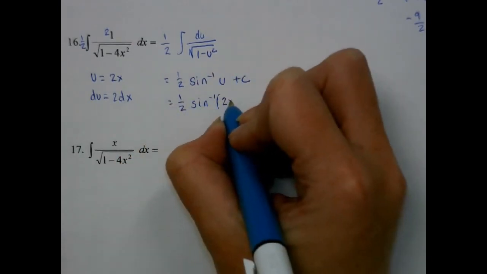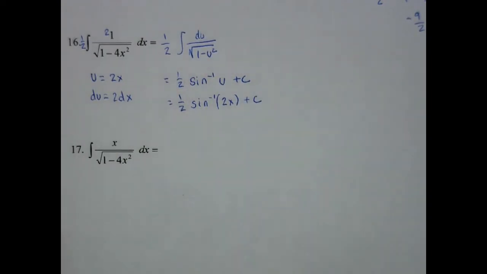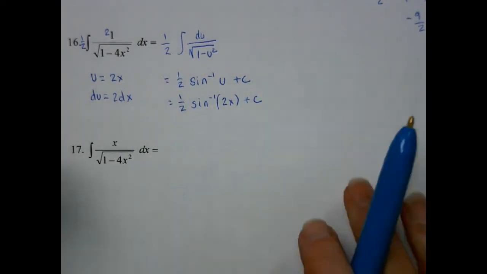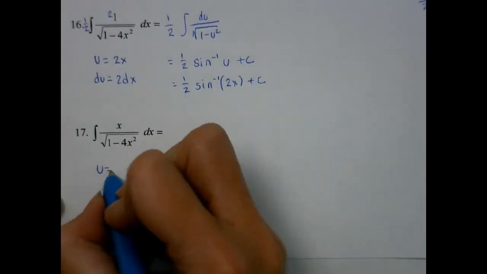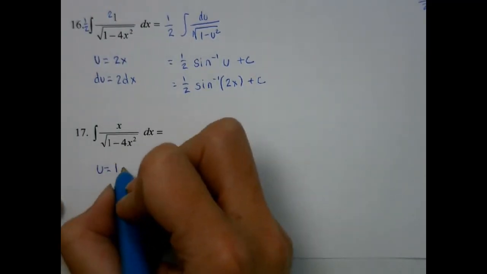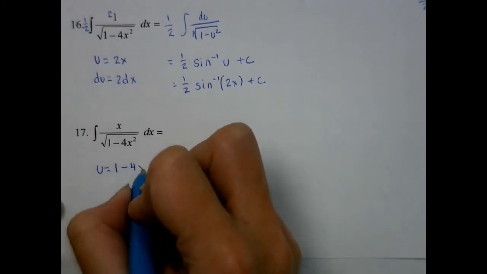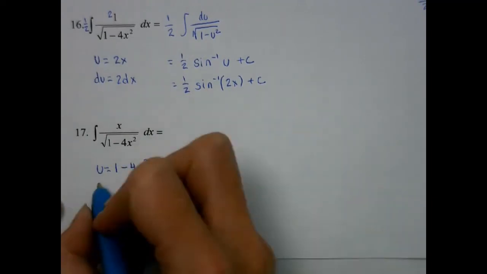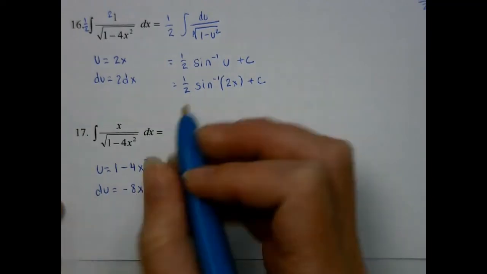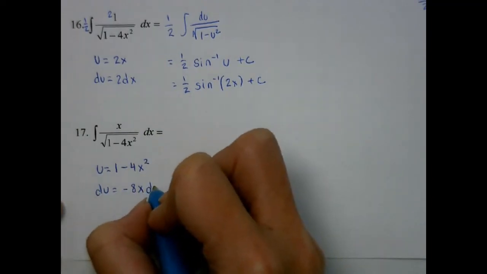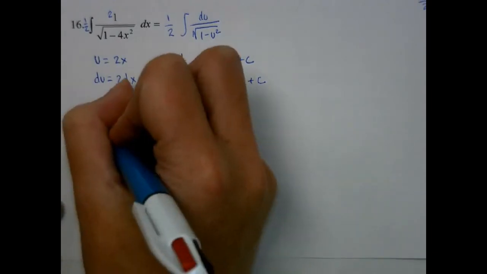This next one I'm going to do a u substitution as well, but I'm going to let it equal the entire radical there. So 1 minus 4x squared, which means du is negative 8x dx. So this guy gets a negative 8, which means we have a negative 1/8 on the outside.